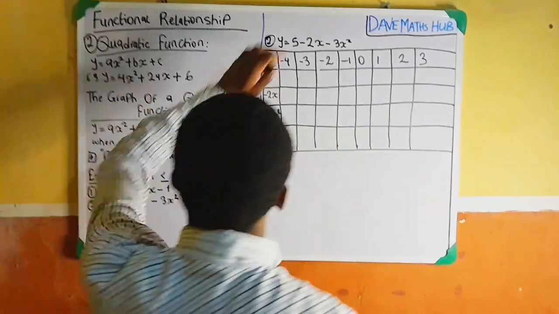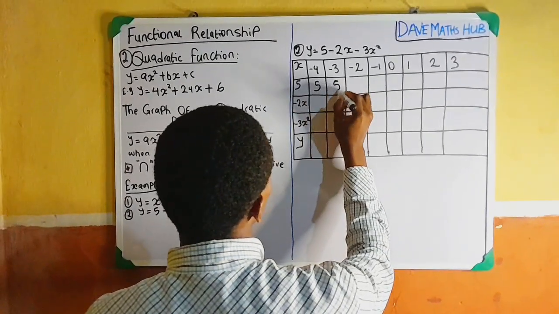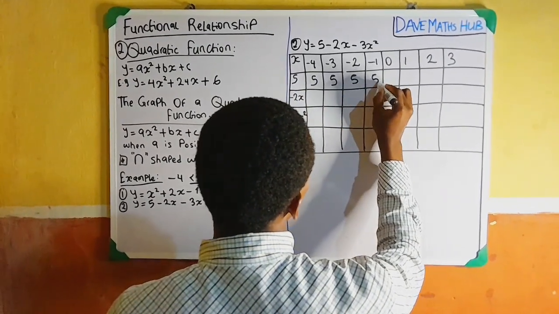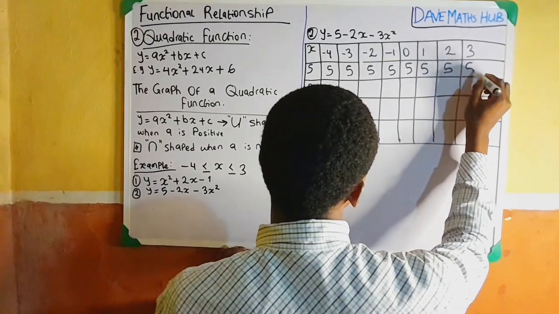So at this point now, it started with constants 5, 5, 5, 5, 5, 5, 5 and 5.